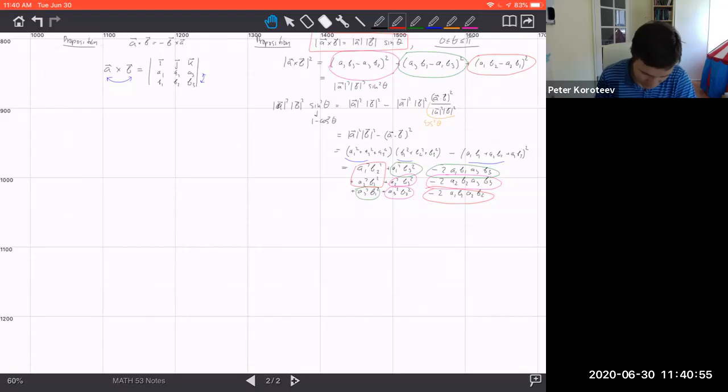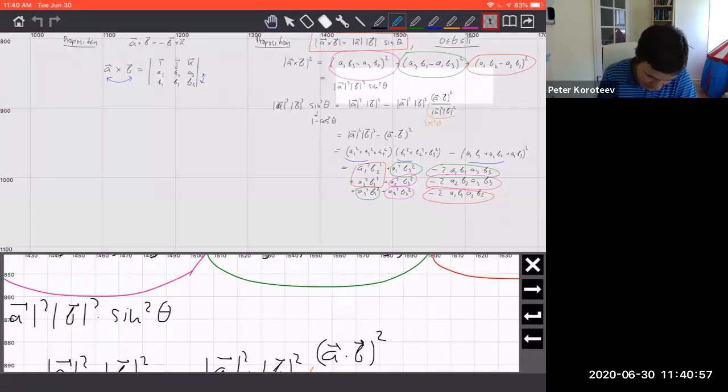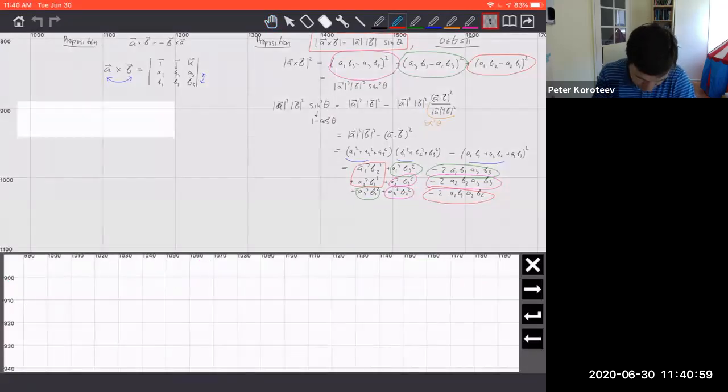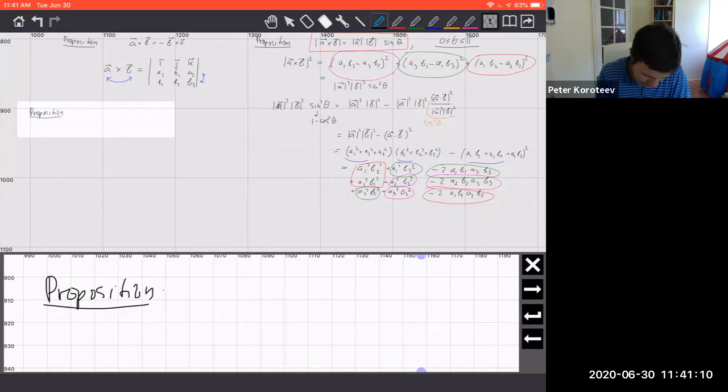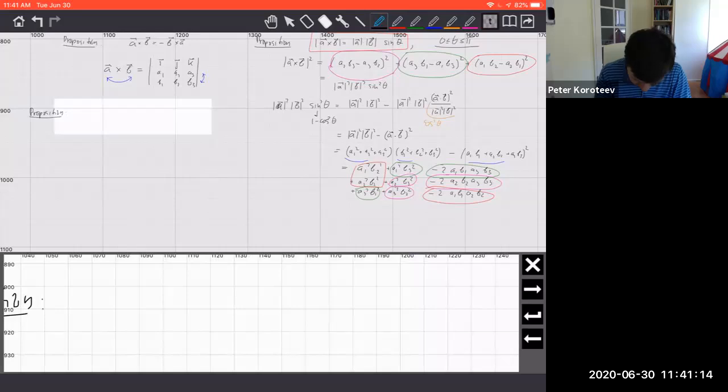And similarly to the orthogonality condition for the dot product, here we can draw the following proposition: two non-zero vectors are parallel if and only if their cross product is 0.